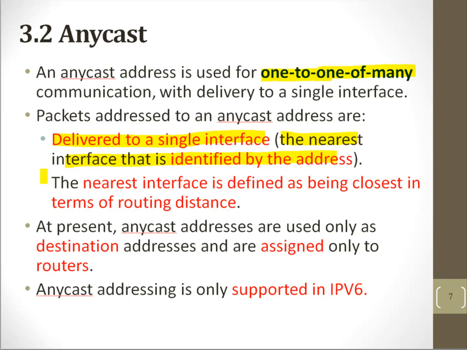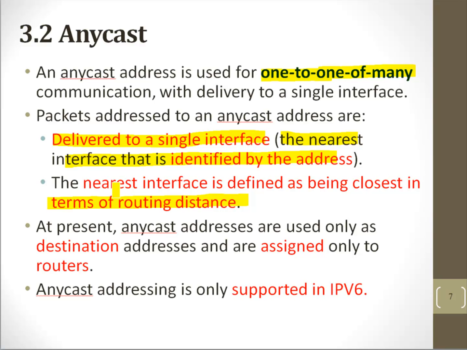This is the anycast concept: identify the nearest host and deliver to the nearest host. The nearest host will give it to the remaining hosts in that particular set. The nearest interface is defined as the closest in terms of routing distance. How we decide the nearest one is based on the routing concept.